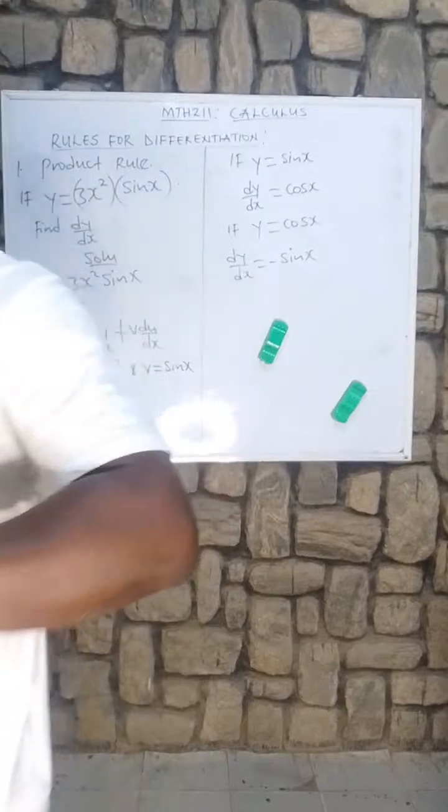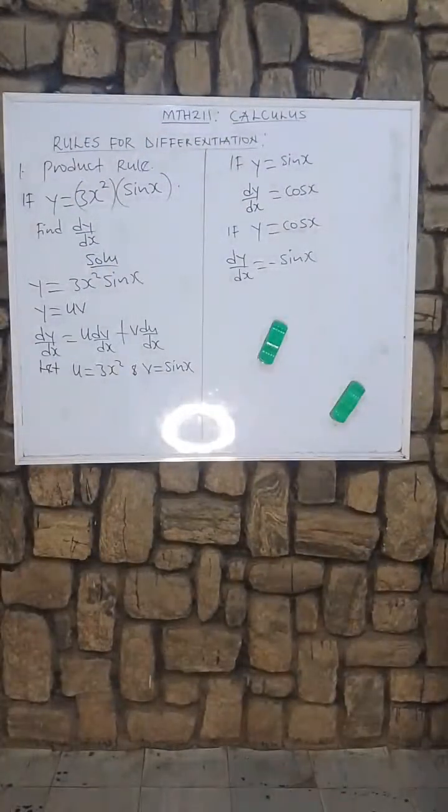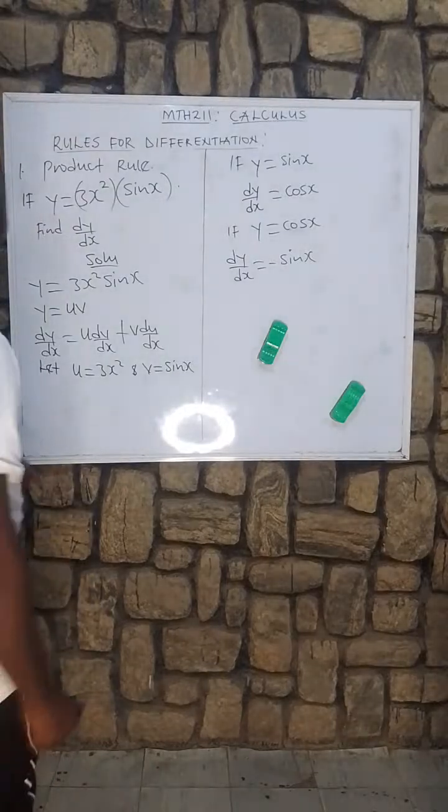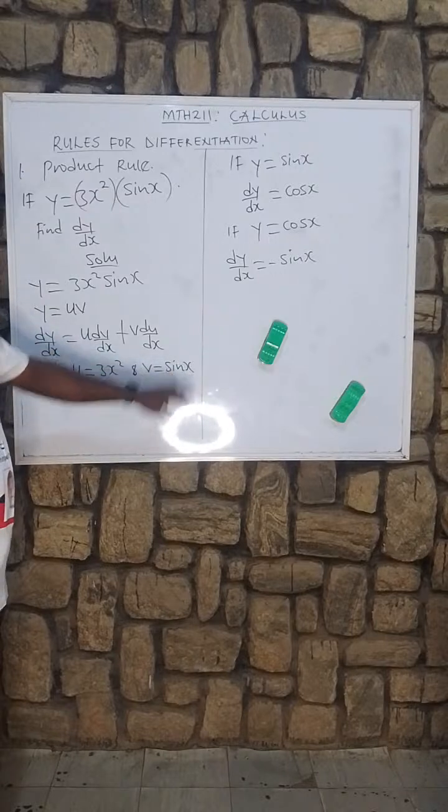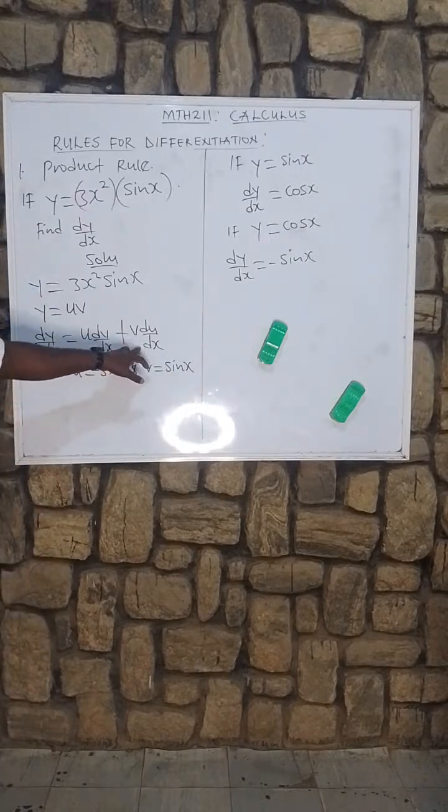Are you following? Do you understand? So let u equal 3x squared and v equal sine x.